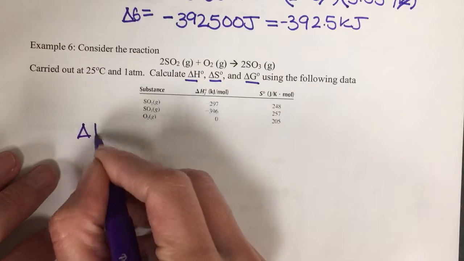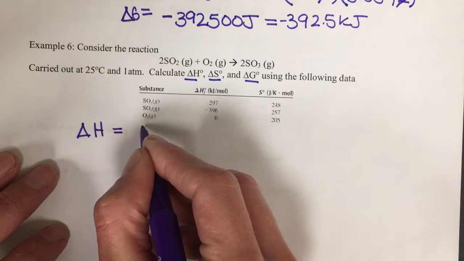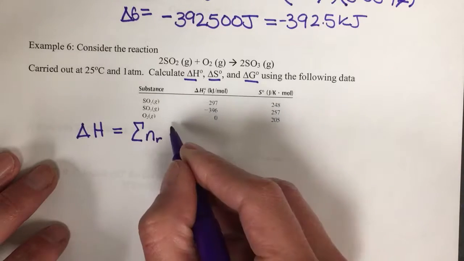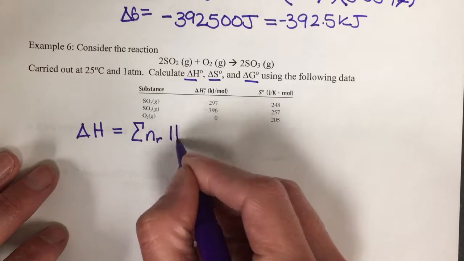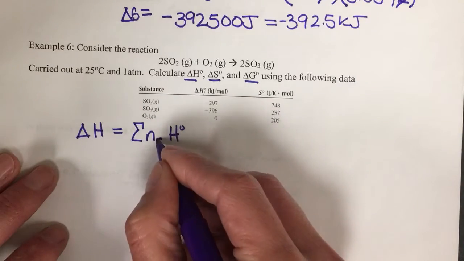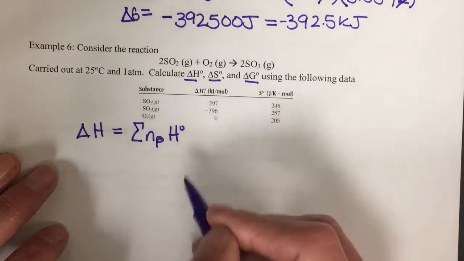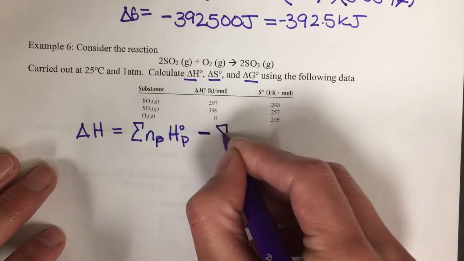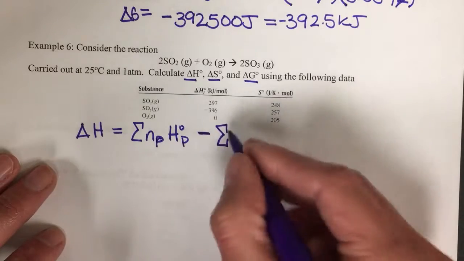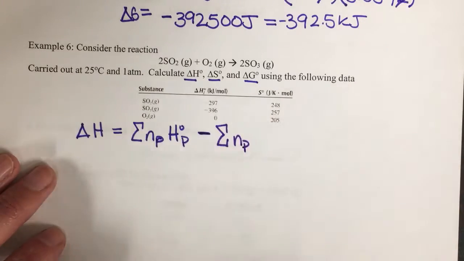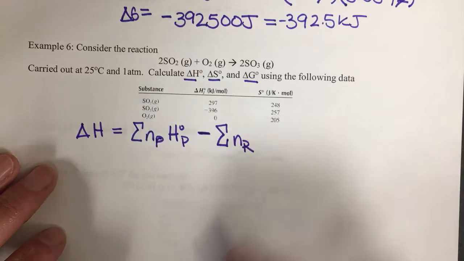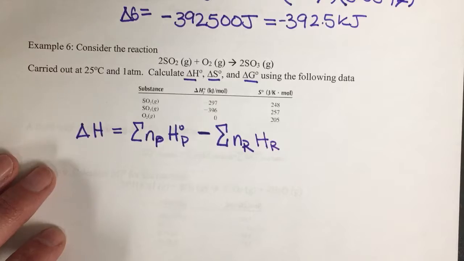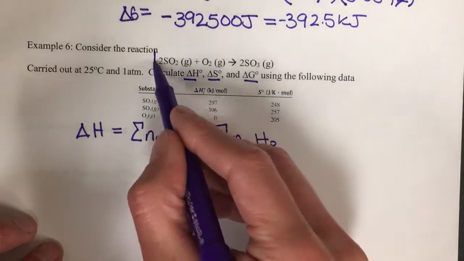My delta H was equal to the sum of the number of moles of my products times the H standard of my products, minus the sum of my number of moles of reactants times the H standard for my reactants.